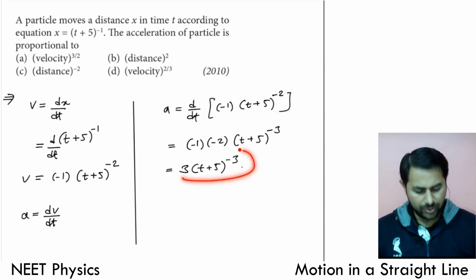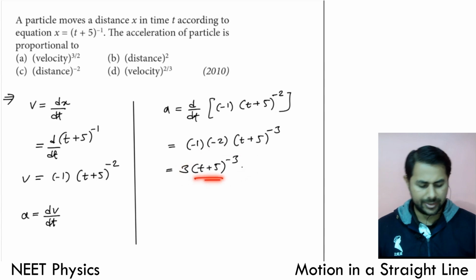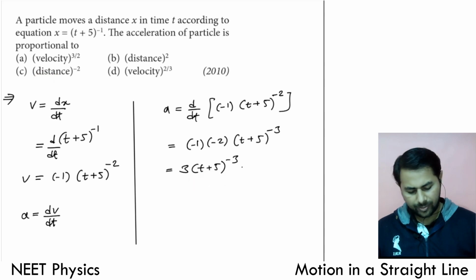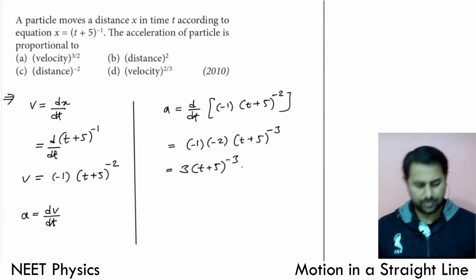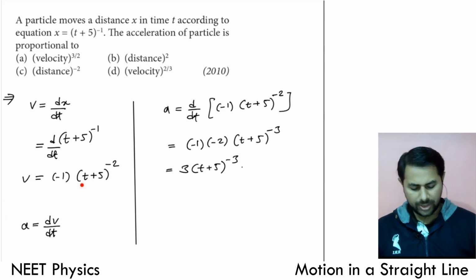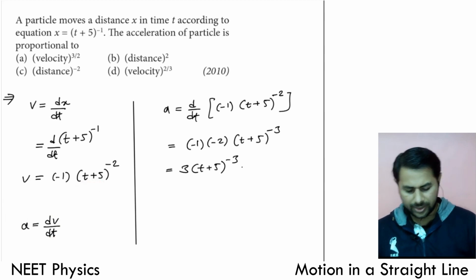And now you want to relate this one with either the distance or the velocity. So tell me. Velocity is proportional to t plus 5 raised to minus 2.